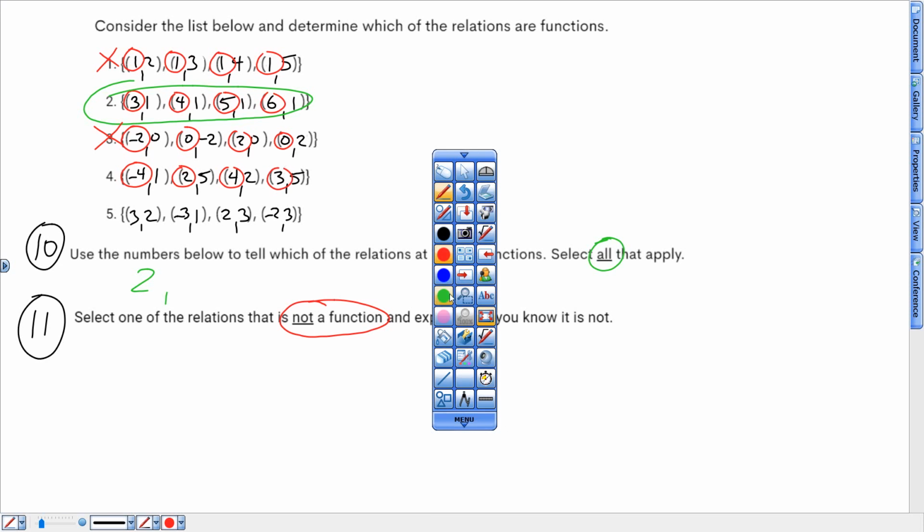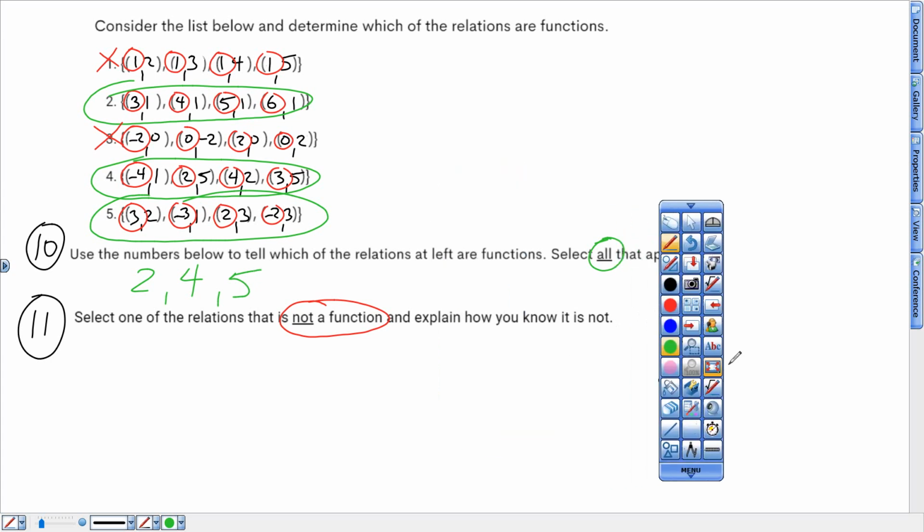That is a function. Select that one. 4 also. All right, next one. 3. -3. Again, that's not the same. 2. Not the same. That's a data set showing a function 2. Select that one.